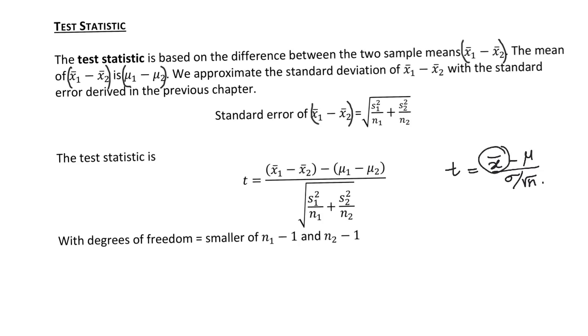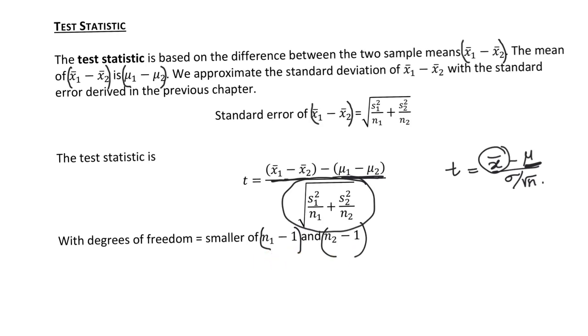Instead of x bar, you will have x1 bar minus x2 bar, the difference between two sample means, and mu is the difference between the population means, and this is the standard deviation for the difference between two sample means. The degrees of freedom will be the smaller of n1 minus 1 and n2 minus 1.